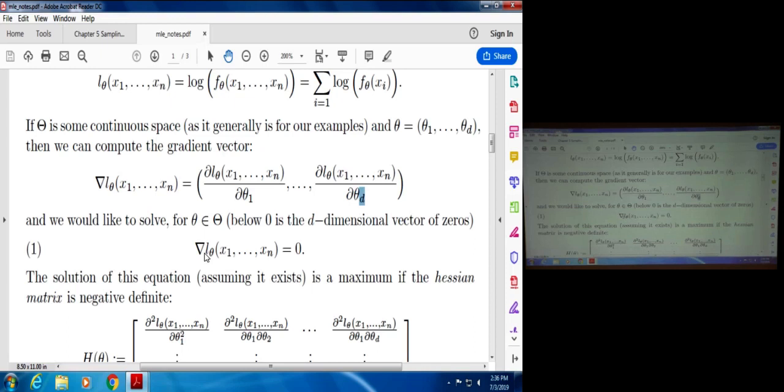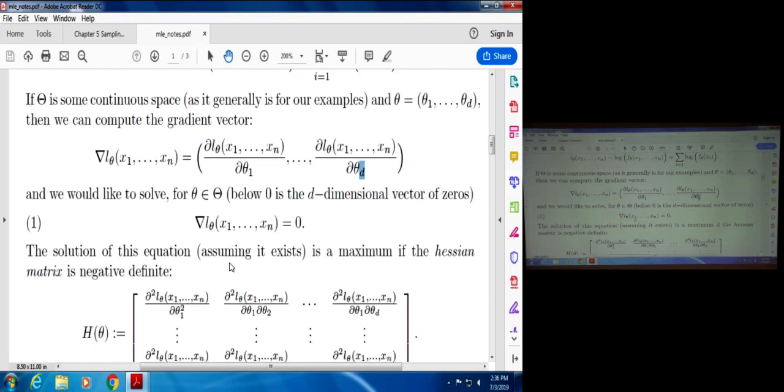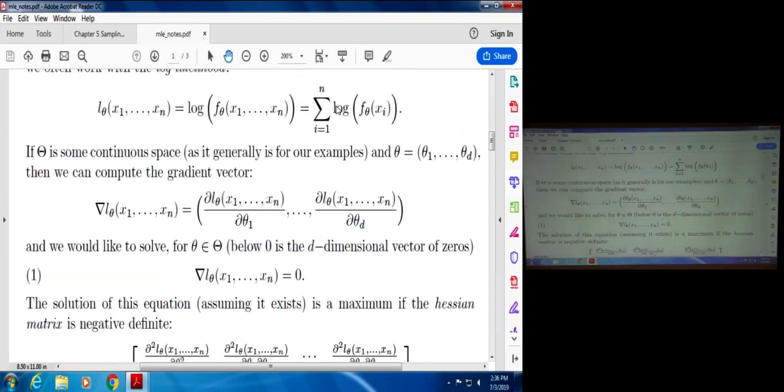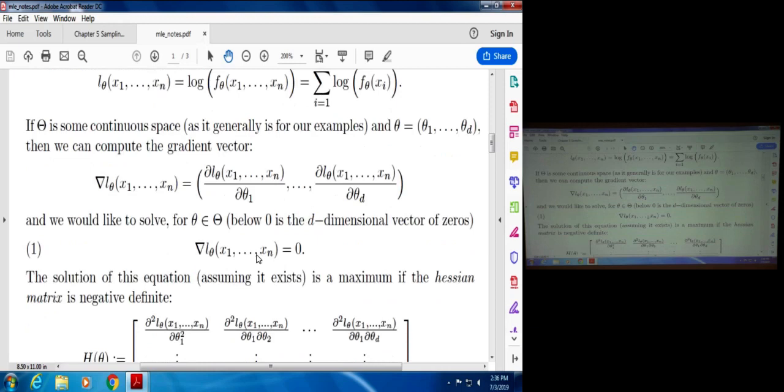And now to maximize, of course, what we want to do is find the root. Okay, we set the derivatives equal to 0 and solve. And then if you want to check if it's a maximum, first of all, I have to be able to differentiate the function, then I have to be able to solve this equation equal to 0. Okay, and then I want to check if it's even a maximum.